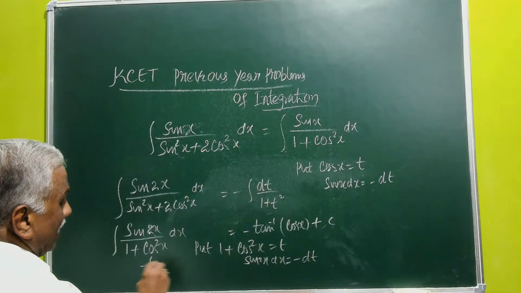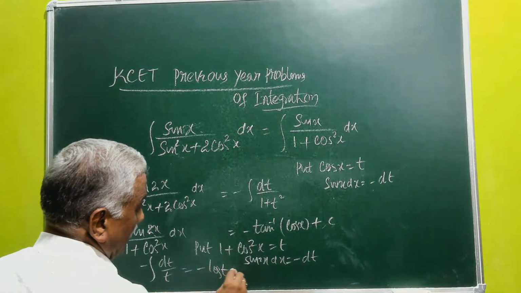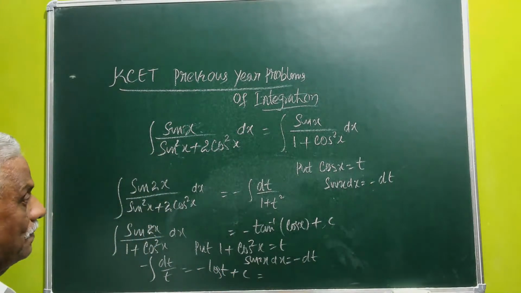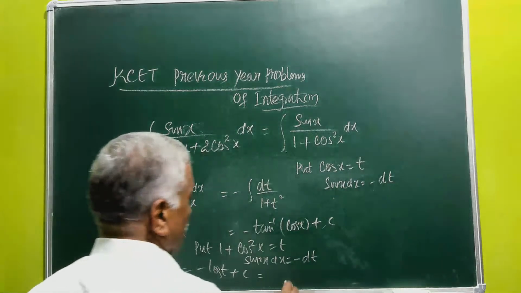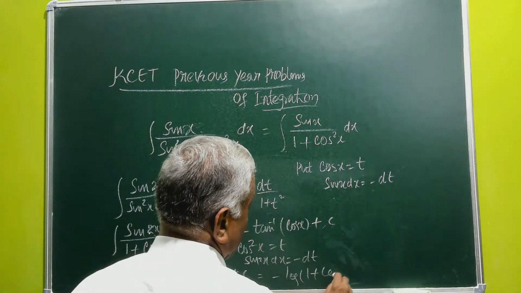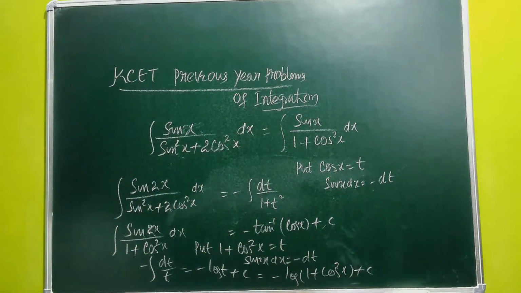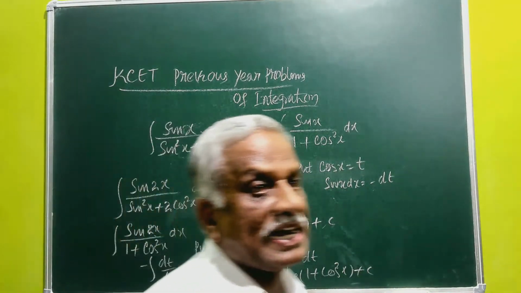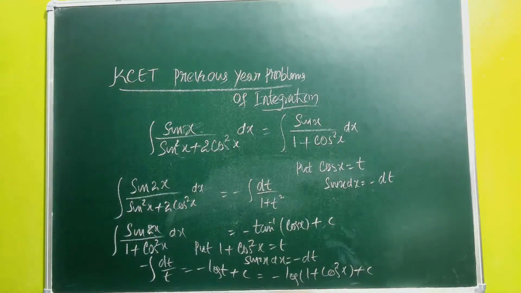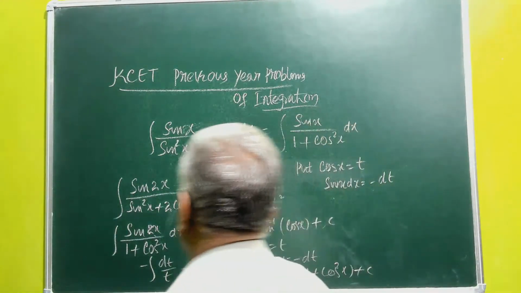So this is going to be minus of dt by t, that is minus log t plus c, that is equal to minus log of 1 plus cos square x plus c. So I worked both the problems: if it is sin x, how to work, and if it is sin 2x, how to work that. Okay, let's move on to the next problem.